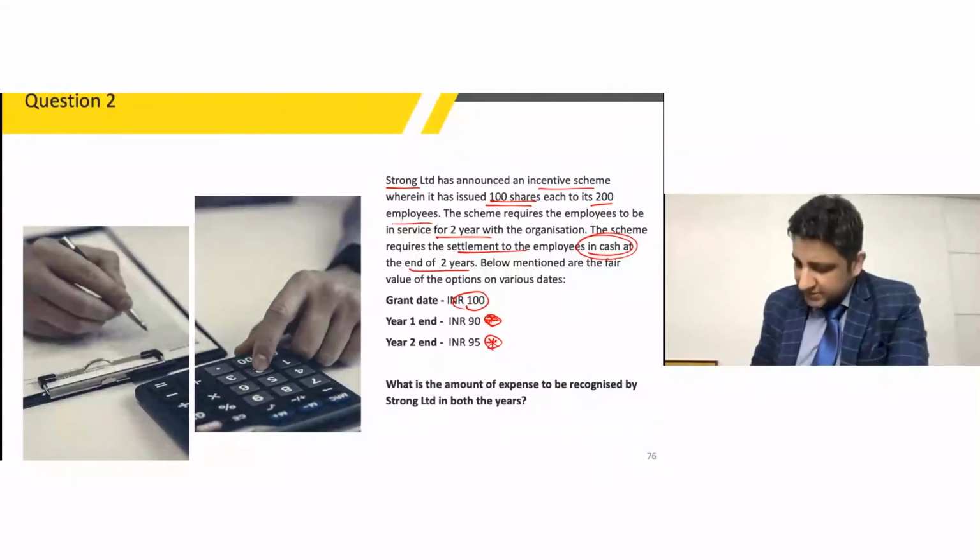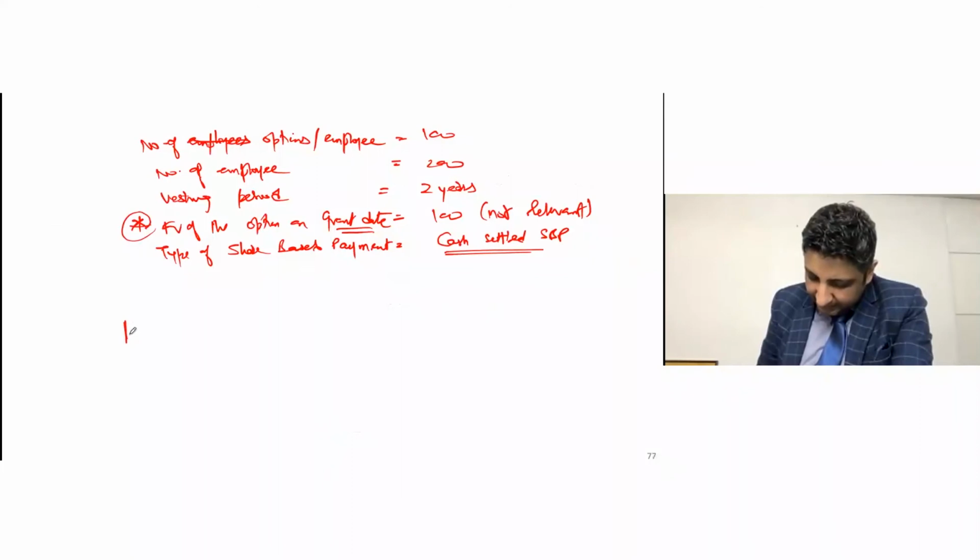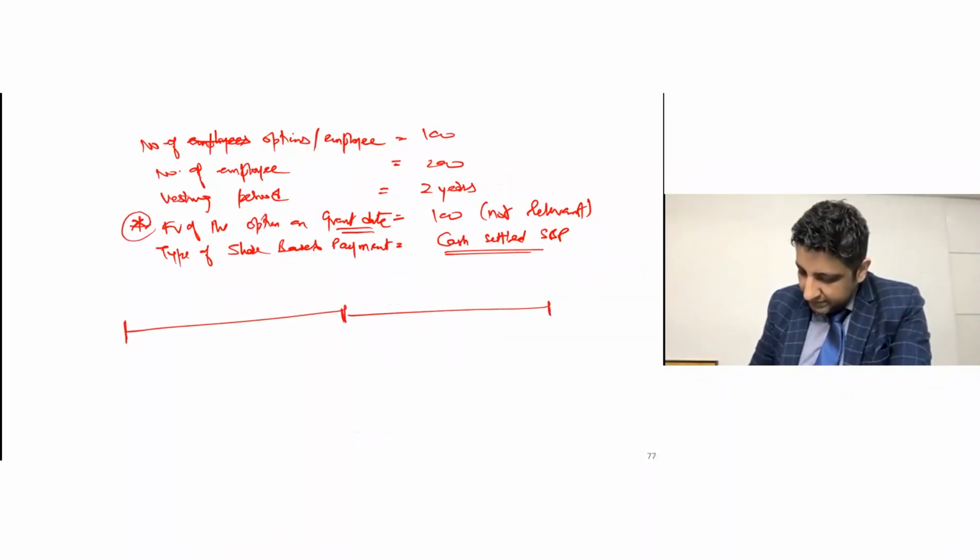So the question's requirement, as we understand, is what is the amount of expense to be recognized by Strong Limited in both the years? How do we now calculate that? We again build that timeline here. Let's say this is year 0, this is year 1, and this is year 2.